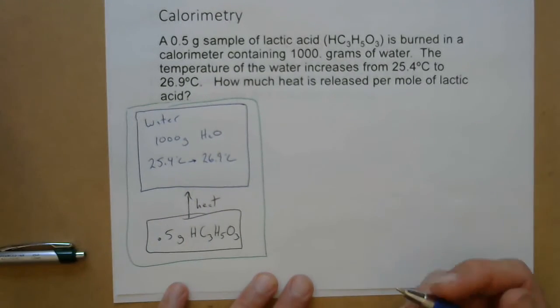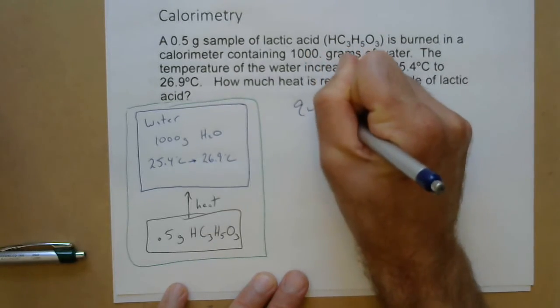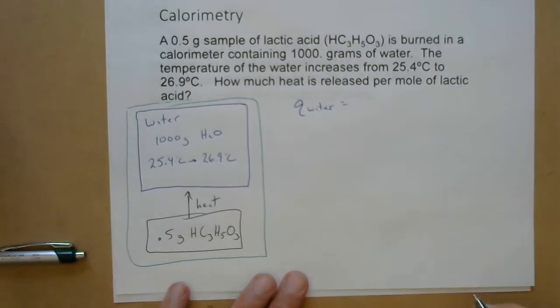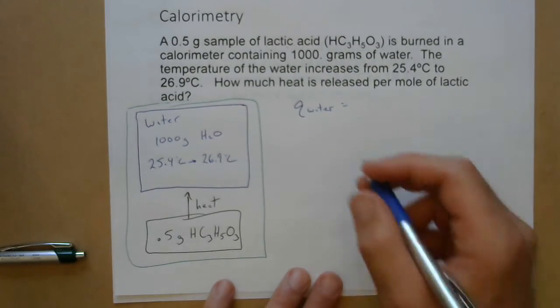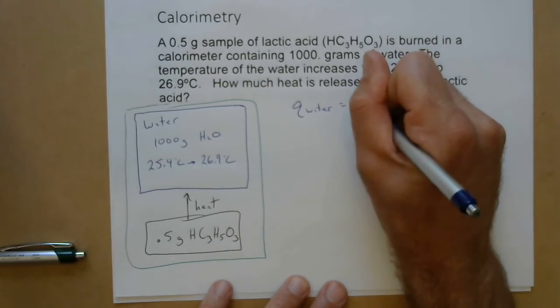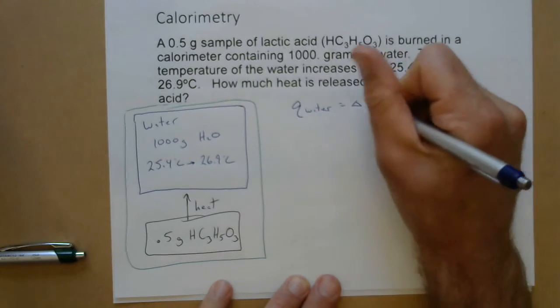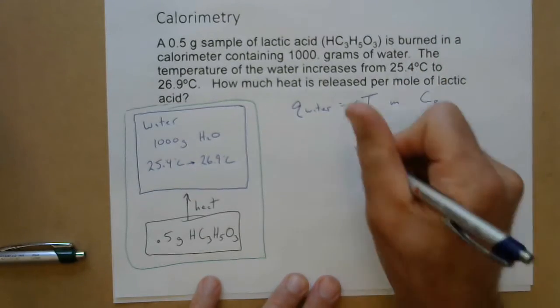So to do this calculation, we're going to first find Q of the water. How much heat was released or absorbed, in this case absorbed, by the water. And to do that, we're going to use the equation from the last slide, which is Q is equal to delta T times mass times specific heat.